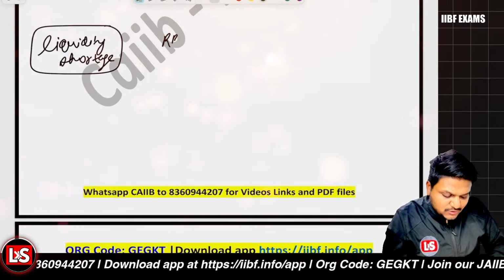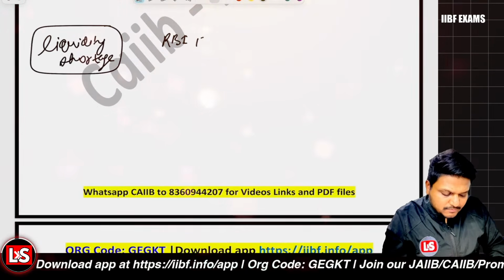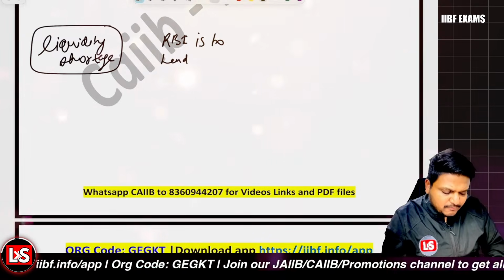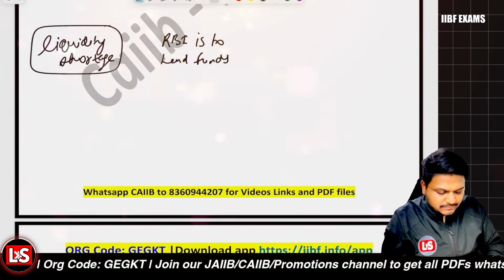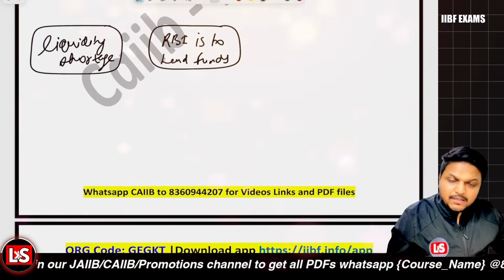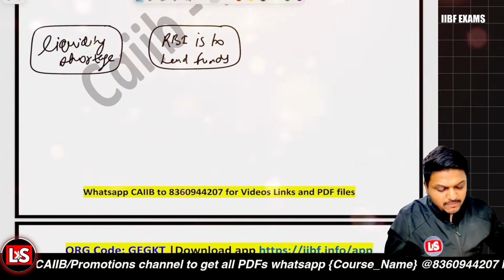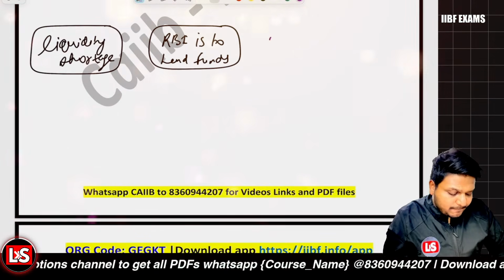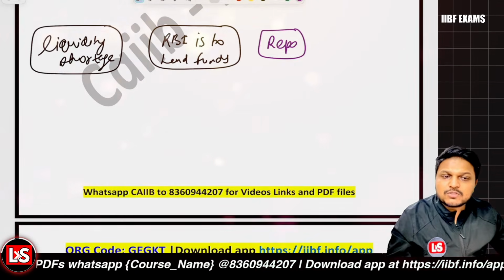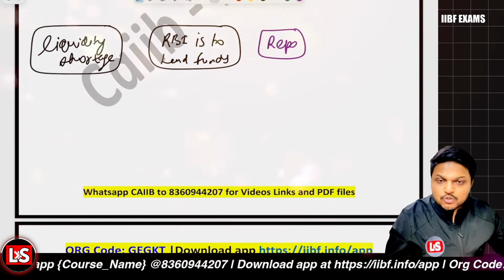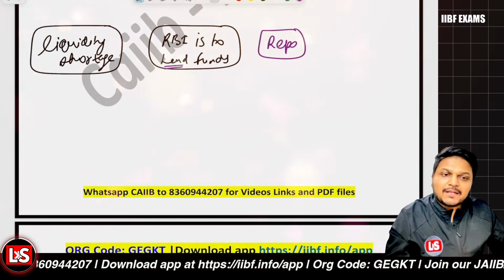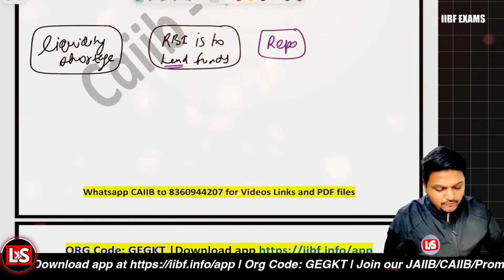So RBI is going to lend funds when there is a shortage of liquidity in the market. And what tool is used? The repo rate, the repo instrument, will be used. So RBI will be lending, right? And further liquidity is infused.